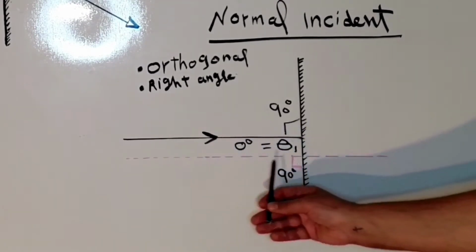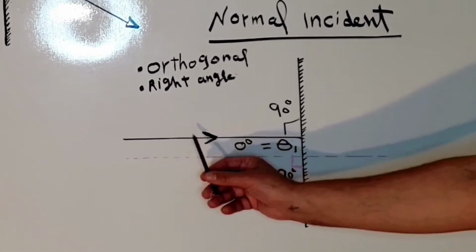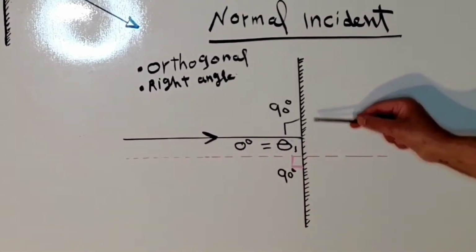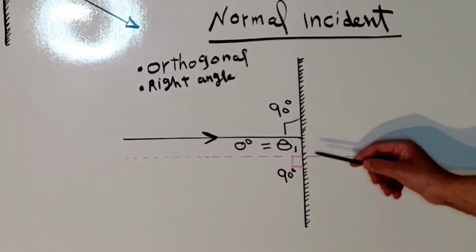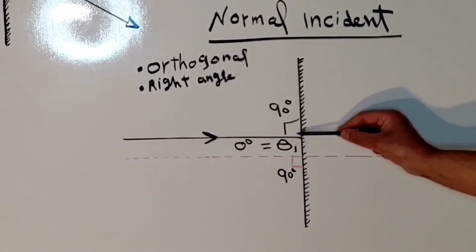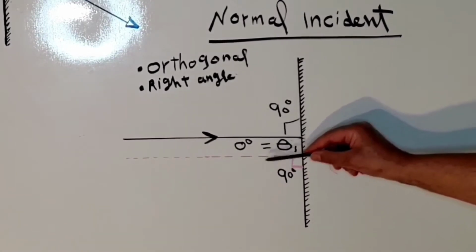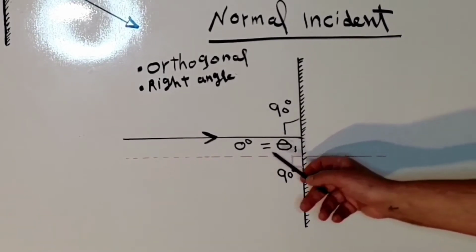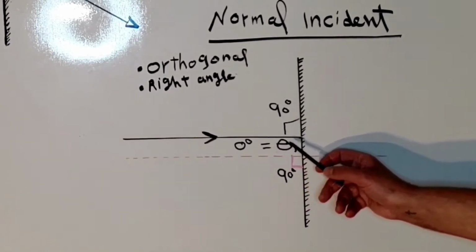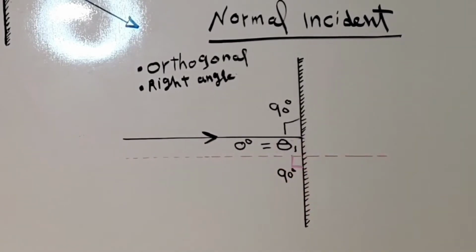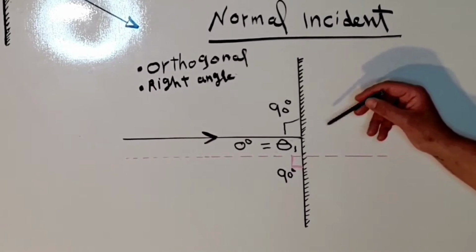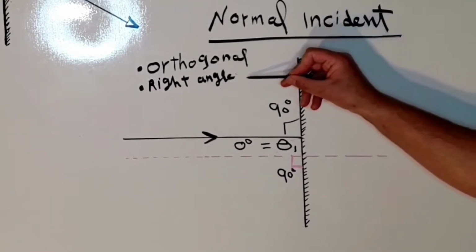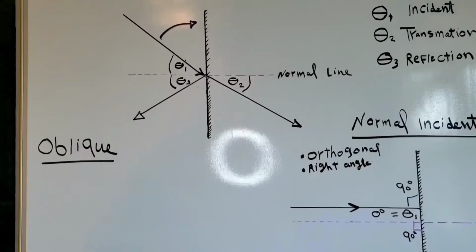Because both the normal line and the sound beam are perpendicular to the interface. That means that the normal line and the sound beam will be parallel to each other, and the angle formed between them will equal 0 degrees. Another name we use for a 90 degree angle is orthogonal or right angle.